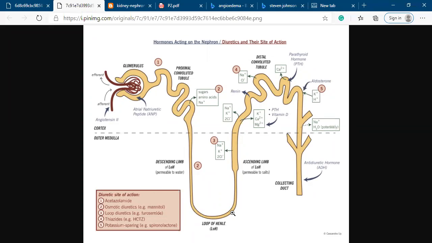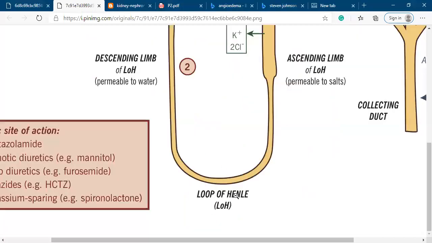Examples are furosemide or bumetanide. As I told you, loop diuretics work here.